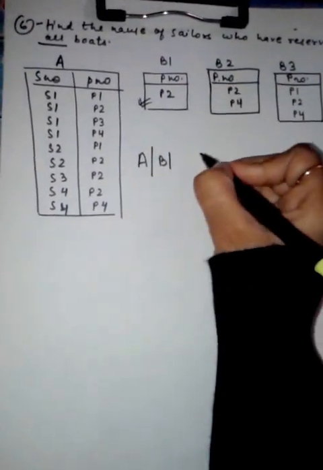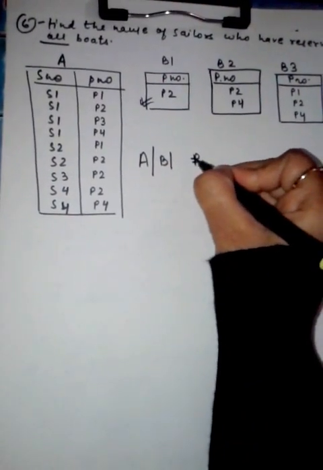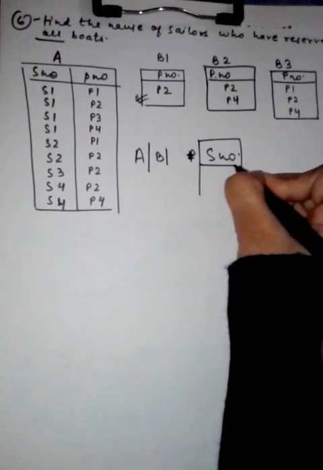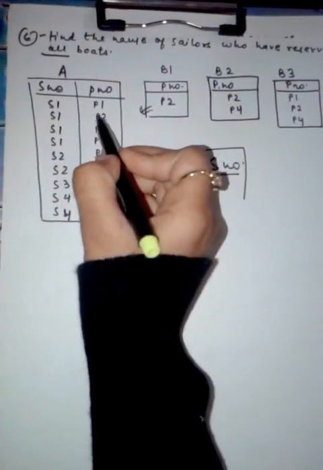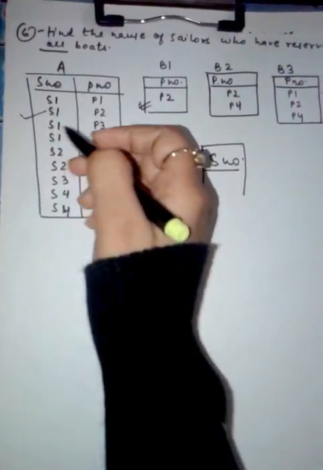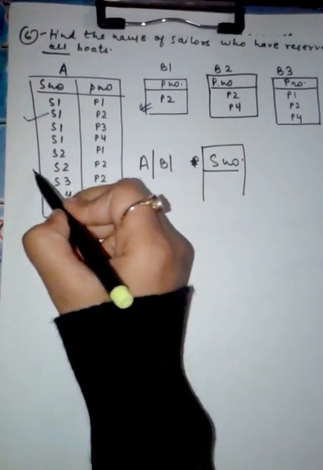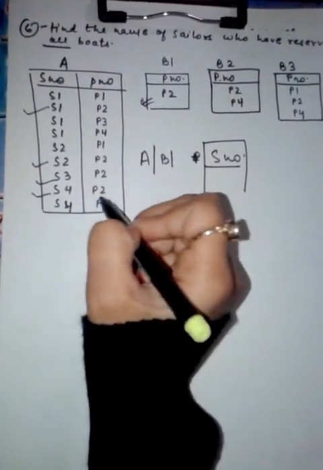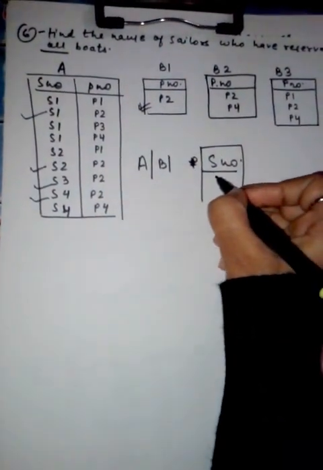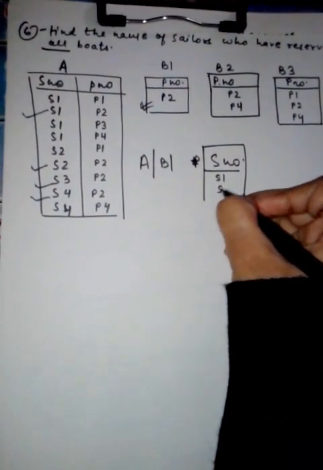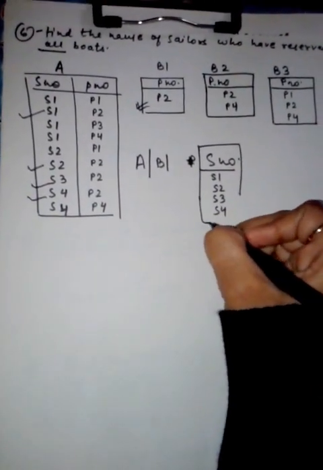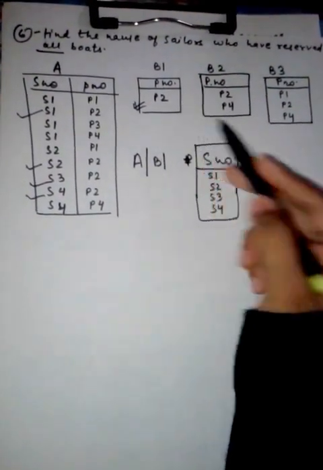It will denote those seller numbers which contain P2. S1 contains P2, S2 contains P2, S3 contains P2, and S4 contains P2. So it will show seller numbers S1, S2, S3 and S4, because all of these contain product number P2.